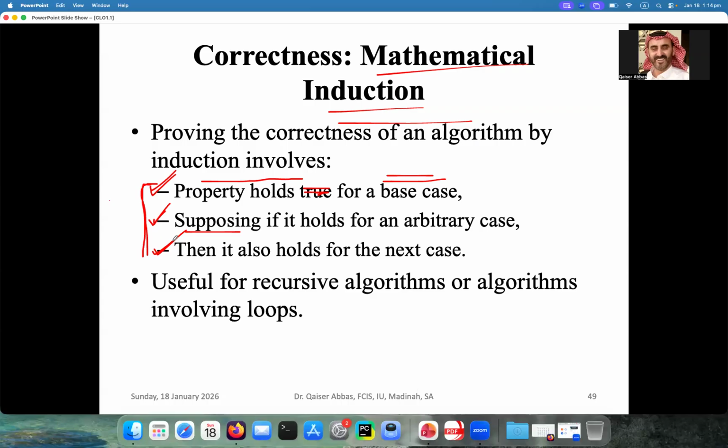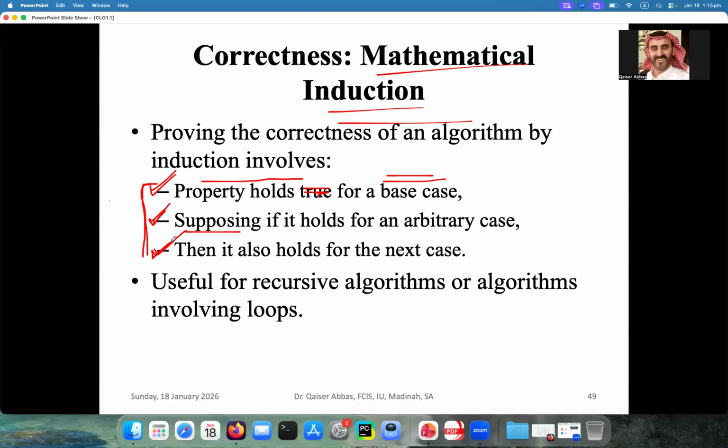Now you have to show that for the step k plus 1, the theory is also true. In step 2, you will assume.